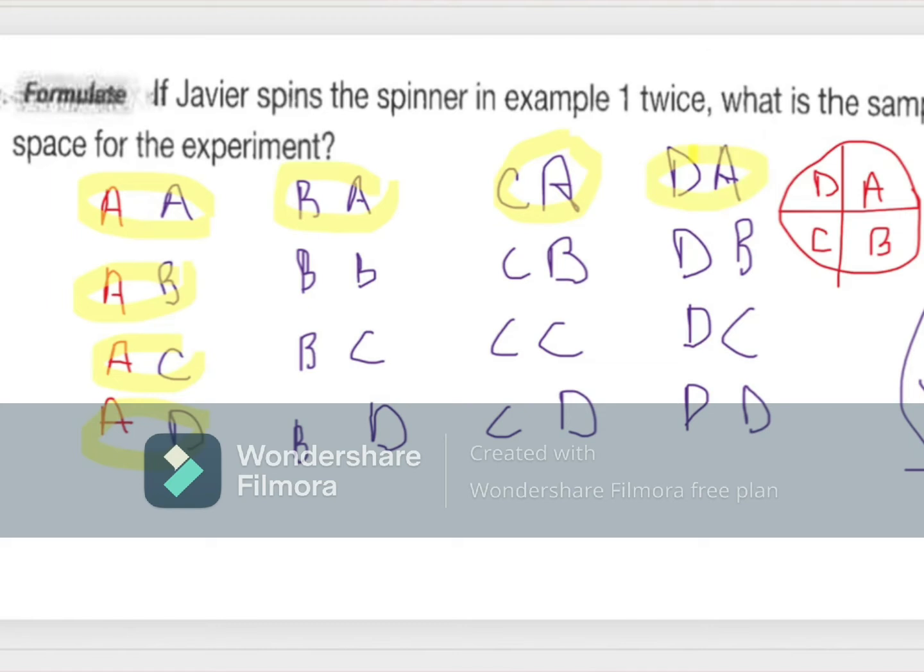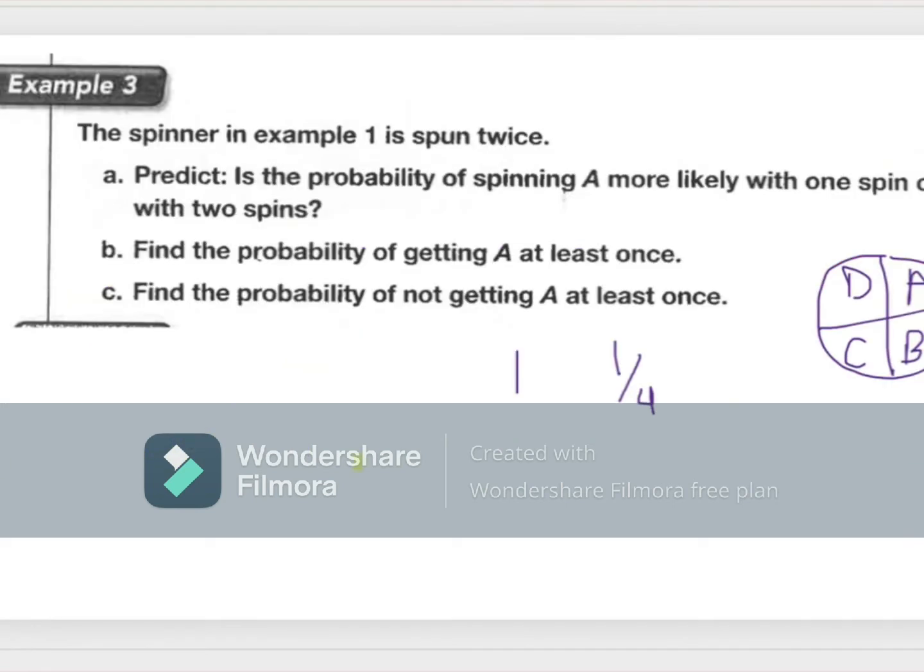We had 7 possible events in our sample space that would allow us to have an A. So 7 divided by 16. Okay, so we're going to go back here and we're going to say if we had two spins, then 7 out of 16 would be the probability of getting at least 1 A.